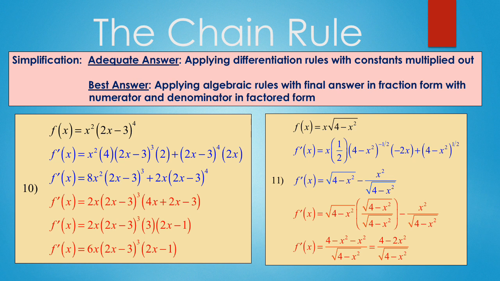And now we have to take the derivative of 4 minus x squared, which is negative 2x. The second part of the product rule is simply 4 minus x squared, quantity to the 1/2 power. Doing the few multiplications, we get f prime of x is equal to the square root of 4 minus x squared minus x squared over the square root of 4 minus x squared.